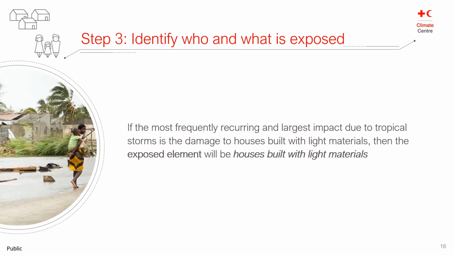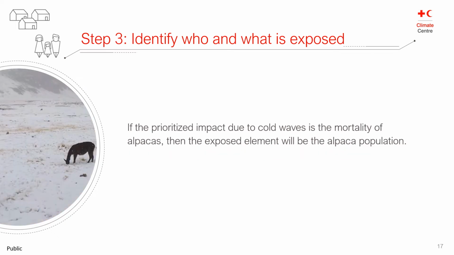If the most frequently recurring and largest impact due to tropical storms is the damage to houses built in light materials, then the exposed element will be houses built in light materials. And in the third example, if the prioritized impact due to cold waves is the mortality of alpacas, then the exposed element will be the alpaca population.